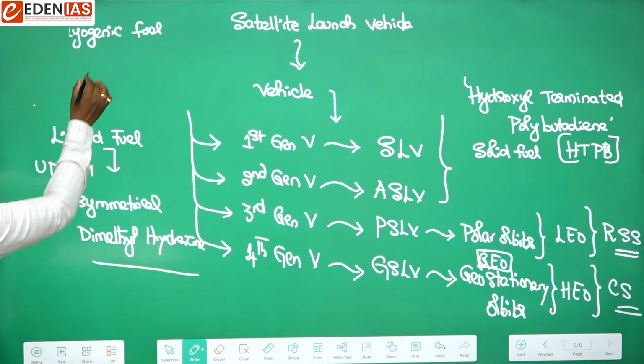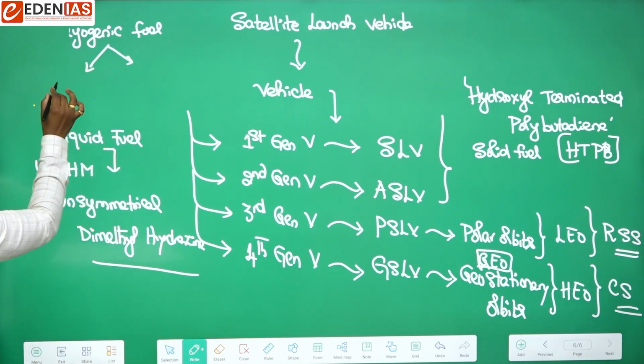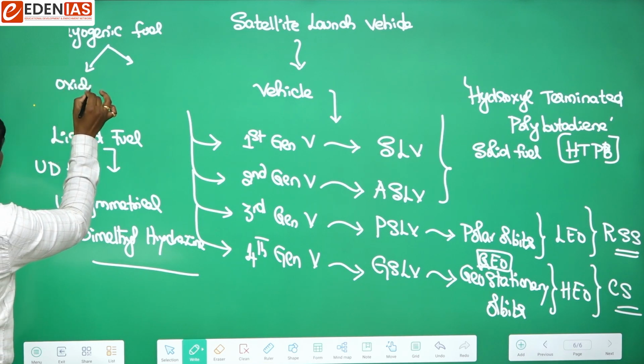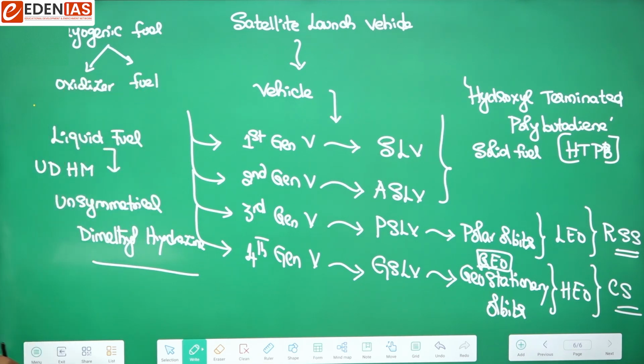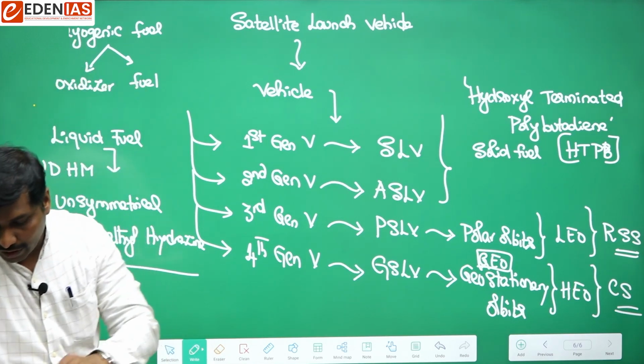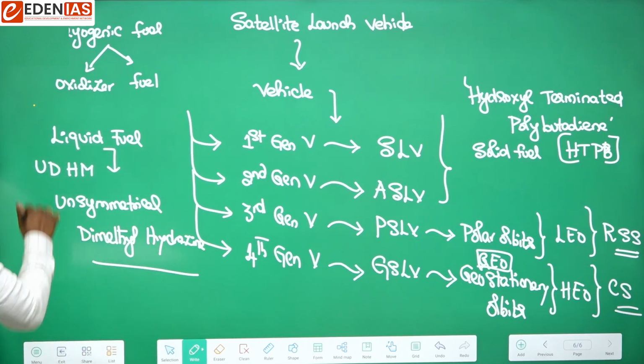Okay, so cryogenic fuels will generally have 2 components. One would be oxidizer and the other would be fuel. That means a cryogenic engine will have 2 components. One would be oxidizer and one would be fuel. So here, it will have liquid oxygen.